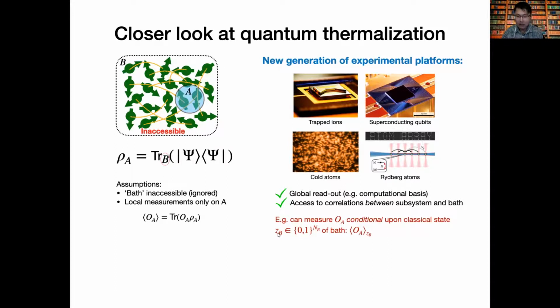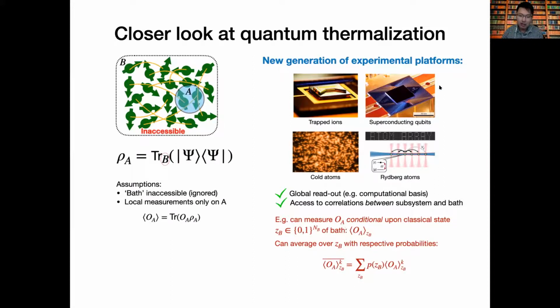Now we don't have to focus on one particular classical state. We can form the average over all classical states with their respective probabilities, and we can form combinations such as this, which is linear in the classical state of the bath. But not only can we form these objects, we can also raise this to the power of k and form nonlinear observables, raising this observable within each classical state to the power of k and forming this average.